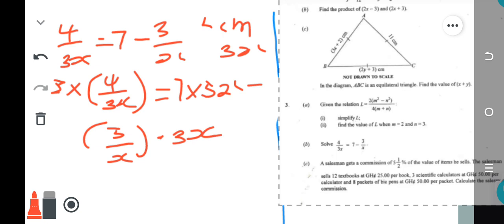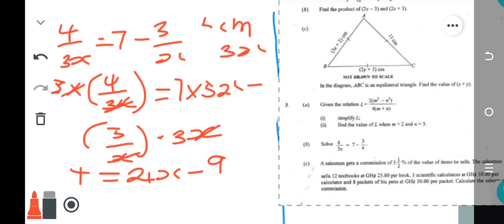Alright, so 3x, we do away with 3x, and then we're going to have 4 equal to 7 times 3x, going to give us 21x, minus 3 over x times 3x, we do away with x, and then 3 times 3 will give us 9.